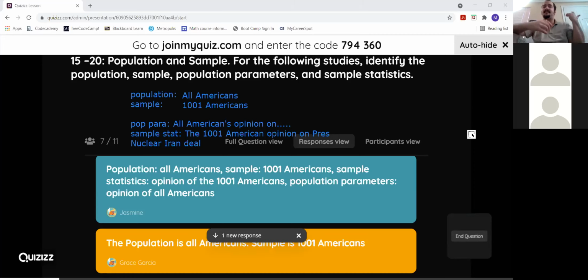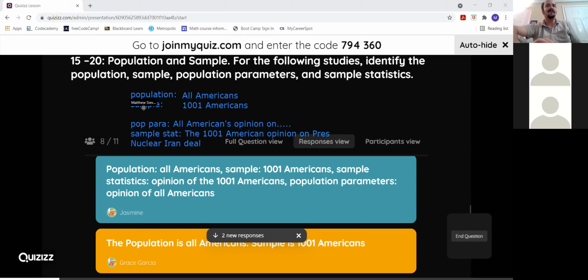And so these two things should really be the same thing, but we're talking about the statistic on your population versus the statistic on your sample. So the sample statistic is going to be the 1,001 Americans' opinion. The population parameter will be all Americans' opinions. And so again, we start with the population.